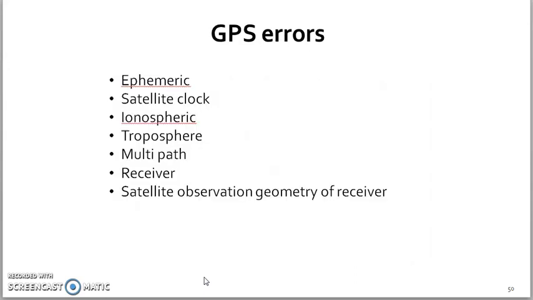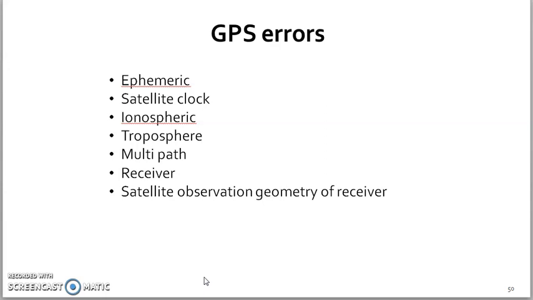Generally, the GPS errors are regarding the satellite data or whichever sensor errors are present in the satellite.